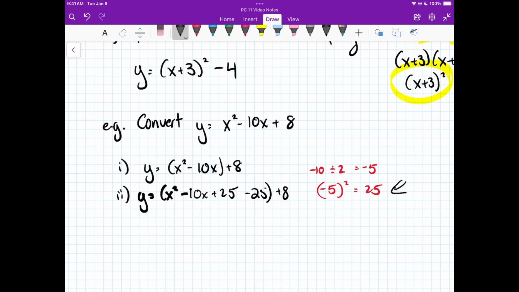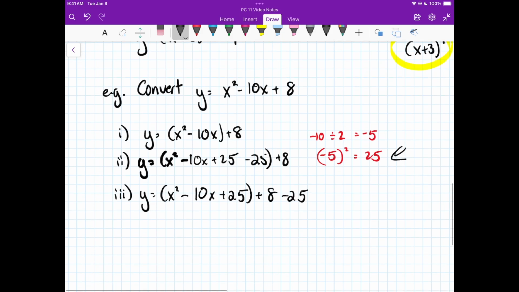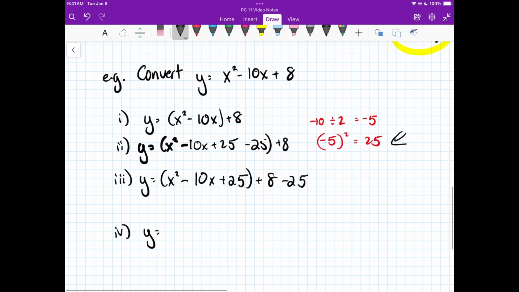All right, next up, we want to move that negative 25 out of the brackets. So that's y equals x squared minus 10x plus 25, and then plus 8 and minus 25. And then finishing things off, we factor those brackets, and here's where the trick that I mentioned comes into play. To go from our brackets here to our factored version, this number here, your p-value, is always just going to be half of what you had here as your b.